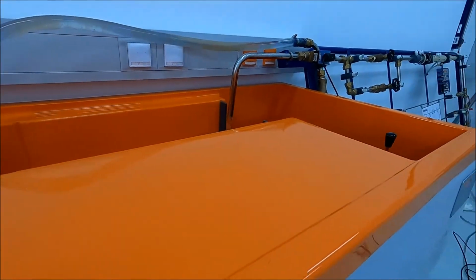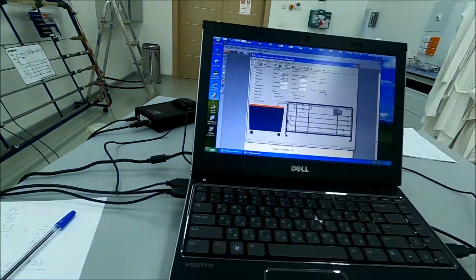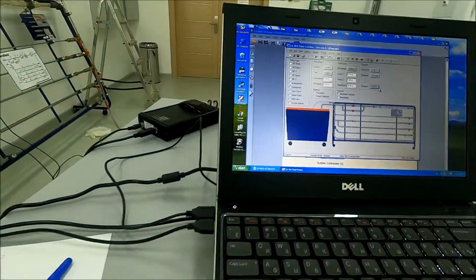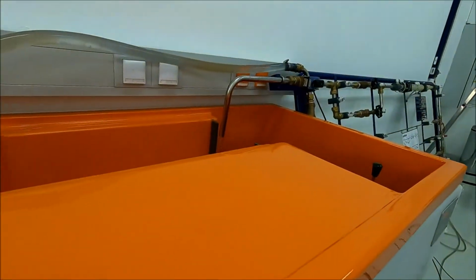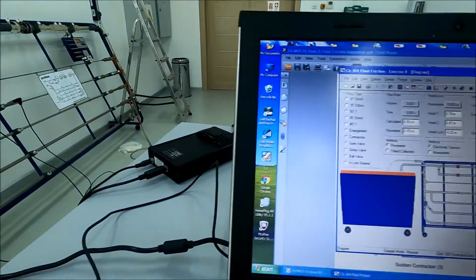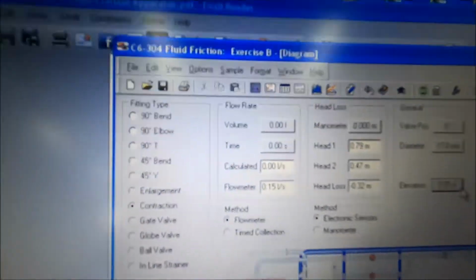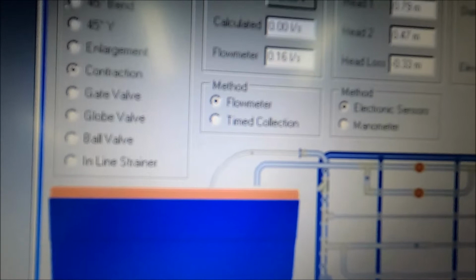From the software, you see that the flow rate right now is 0.16 liters per second.